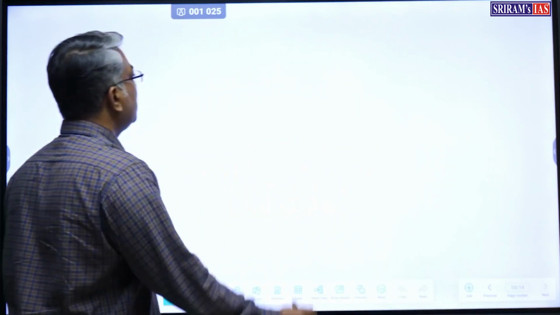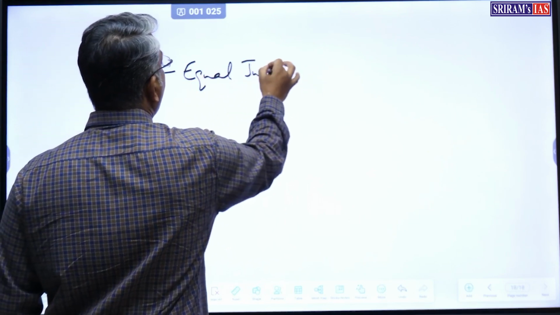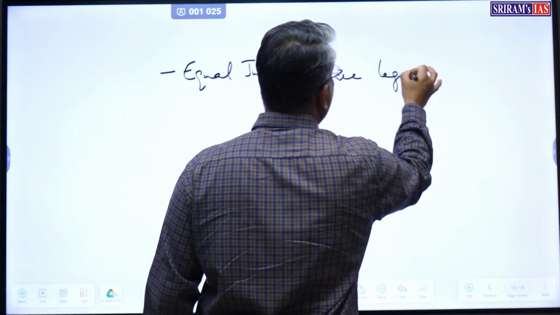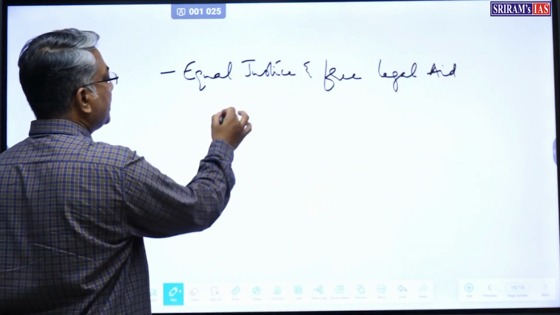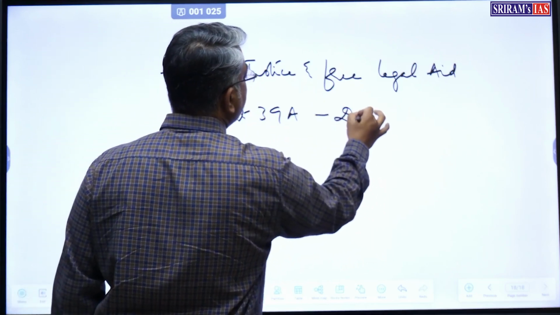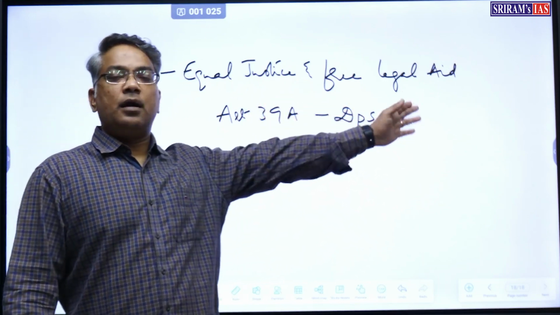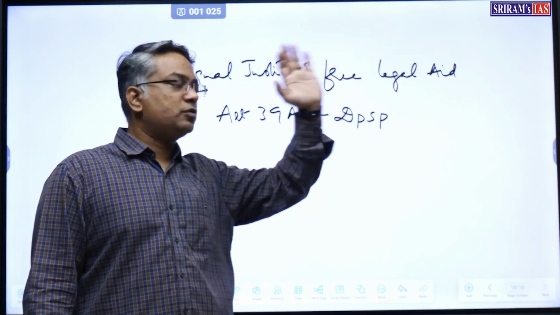Equal justice and free legal aid is provided by the Constitution under Article 39A of the Directive Principles of State Policy, Part 4, Articles 36 to 51.